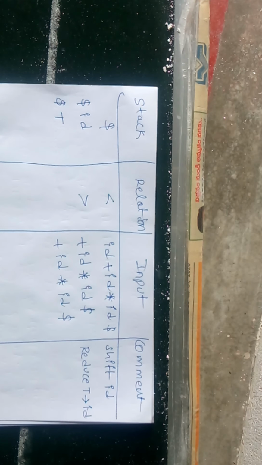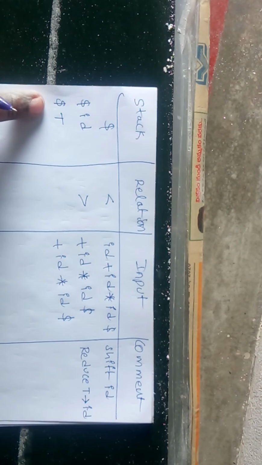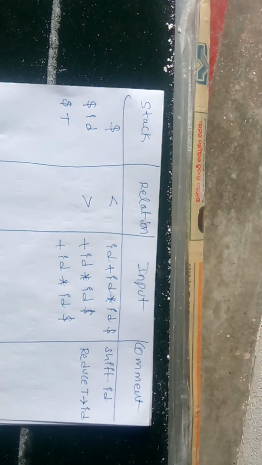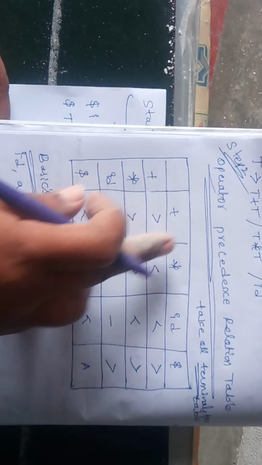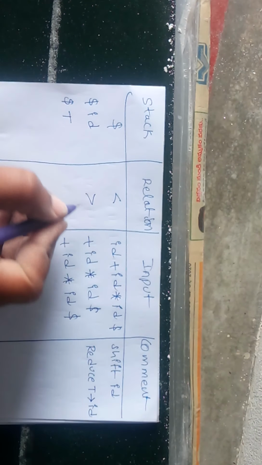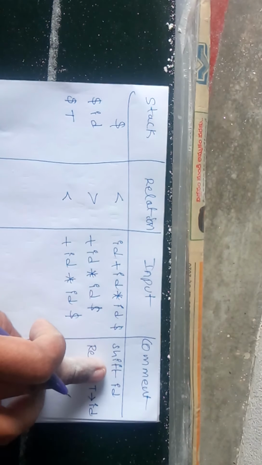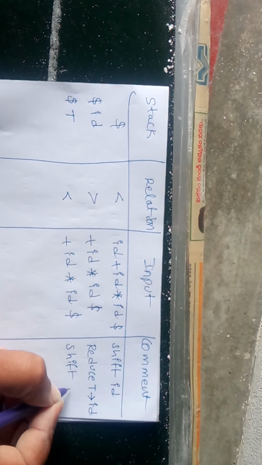Next, we don't compare T with plus; go to the previous one, that is dollar with plus. In the relation table, for dollar with plus, plus is given higher priority, so shift plus.